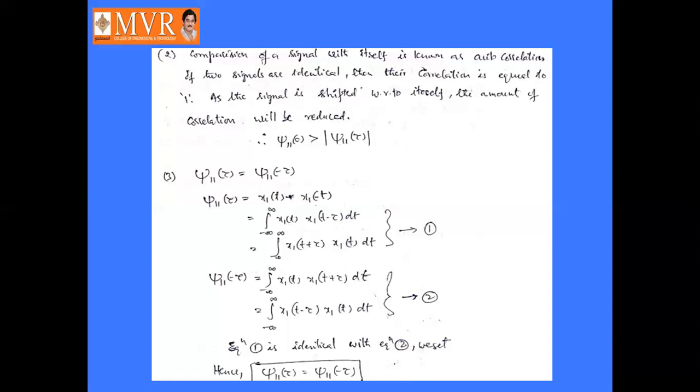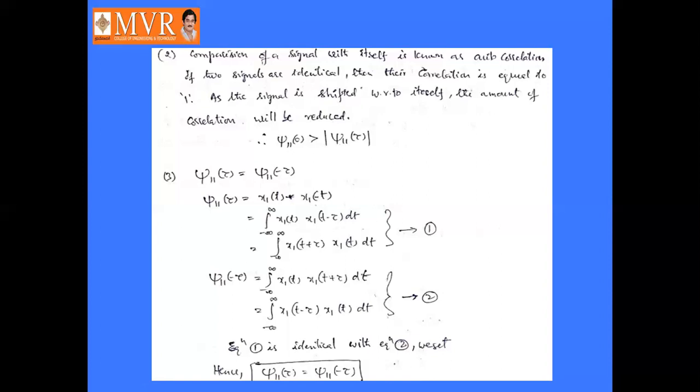The third property is J11 of tau is equal to J11 of minus tau. So J11 of tau is related as x1 of t convolved with x1 of minus t.